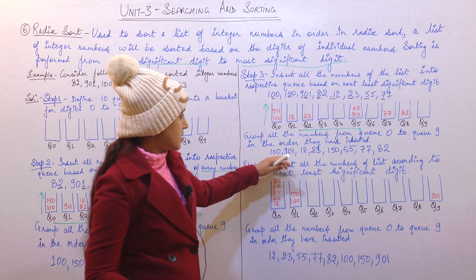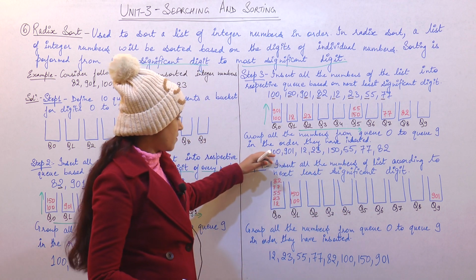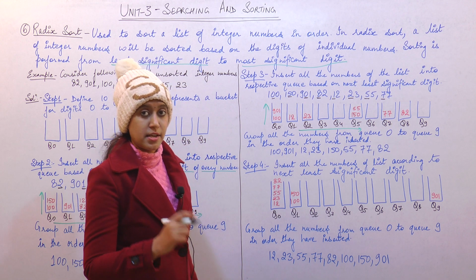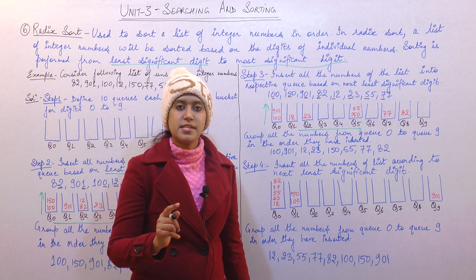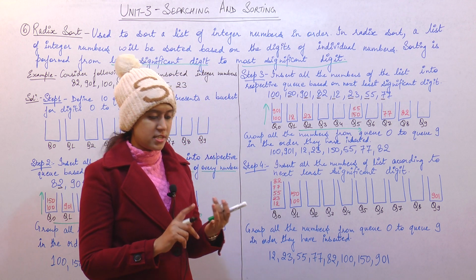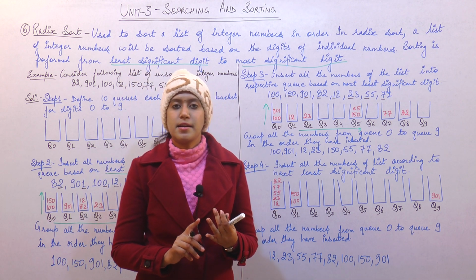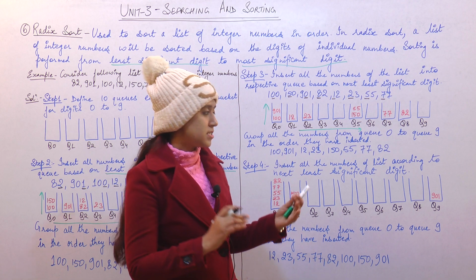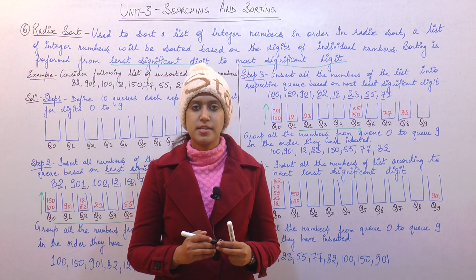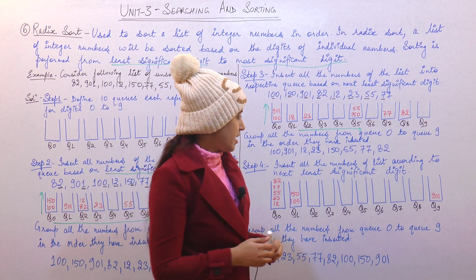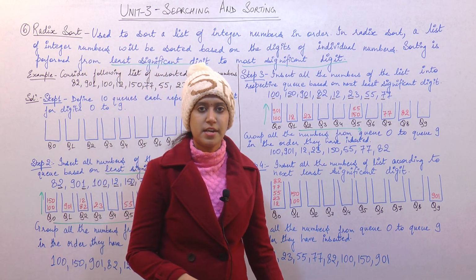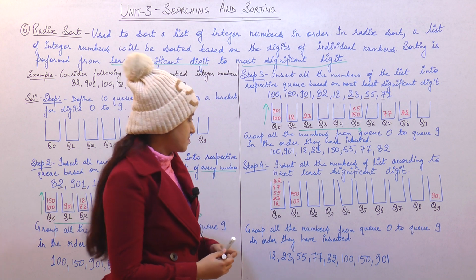Now we are having this list of numbers, and this list is inserted in our next step in the buckets according to the digits which are at hundreds place, because in step 2 we inserted the numbers according to the digits at ones place. Then in step 3 we inserted the numbers according to the digits at tens place, and now in step 4 we are inserting the numbers according to the digits at hundreds place.